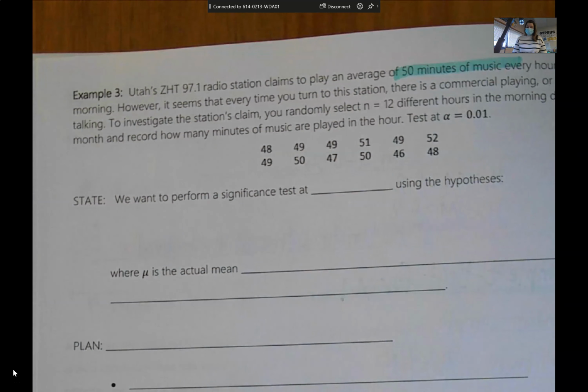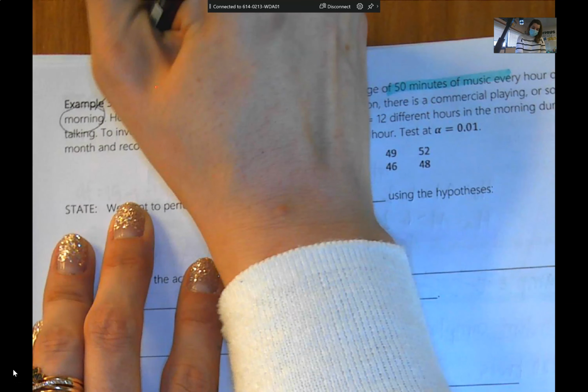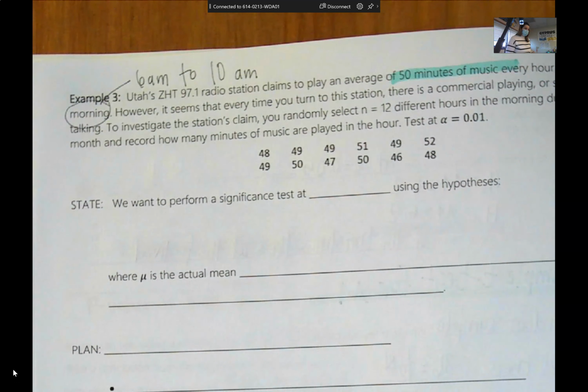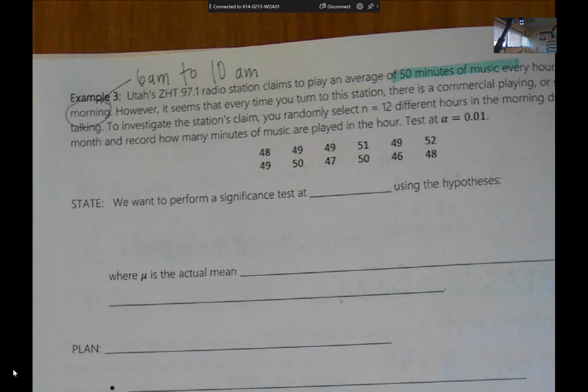I would suspect that the morning would be 6 a.m. to 10 a.m. I think it depends on the radio station, but I think that that's pretty accurate. So they claim 50 minutes of music.